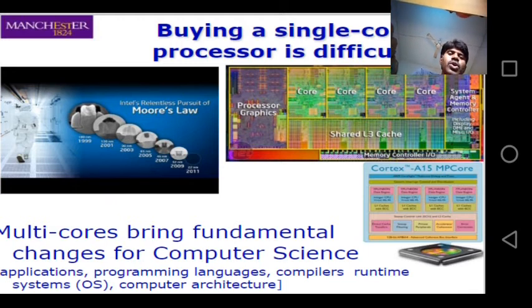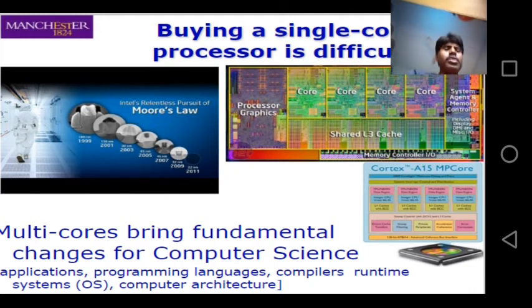Next I have the core. Just now I said a core is nothing but something which contains an ALU, and sometimes internal cache and some registers.